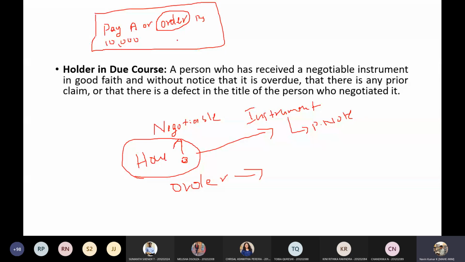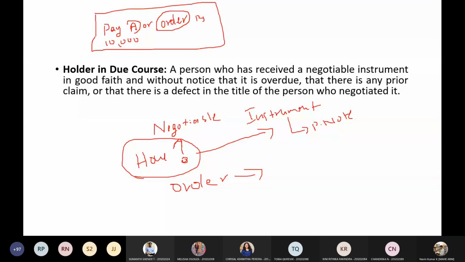To whom should this instrument be made payable? To A. Who is the identifiable person here?